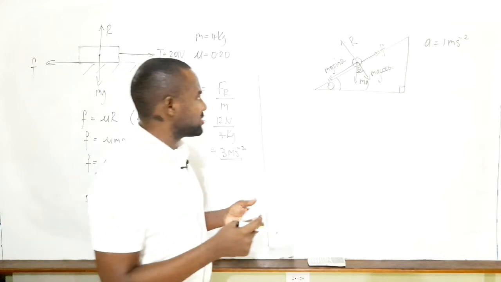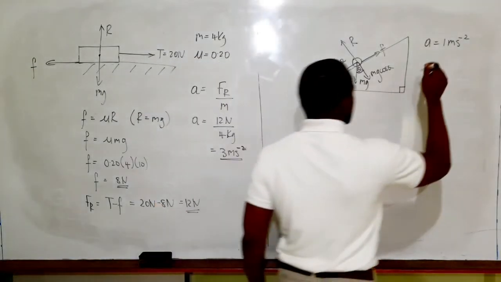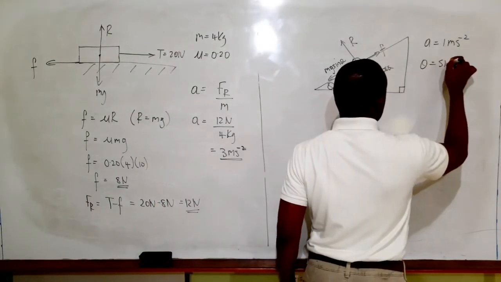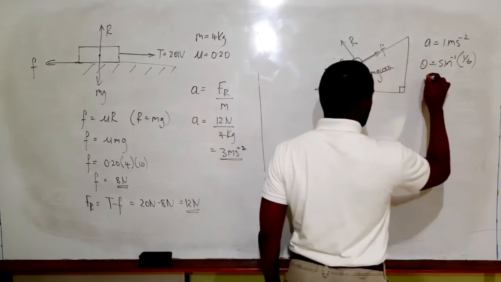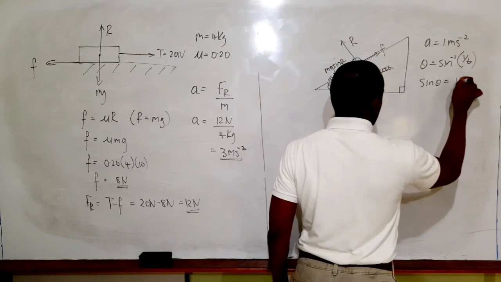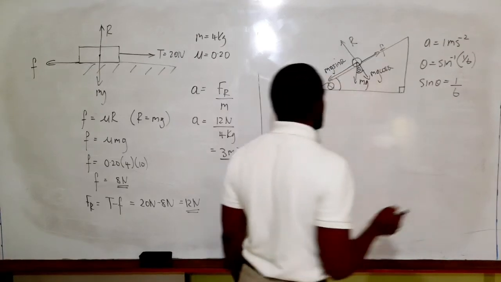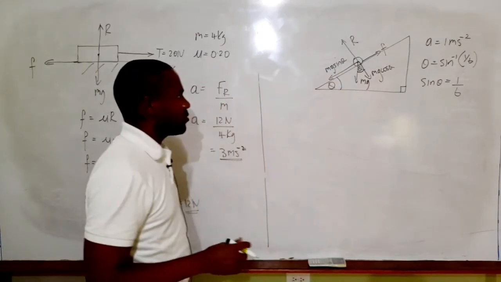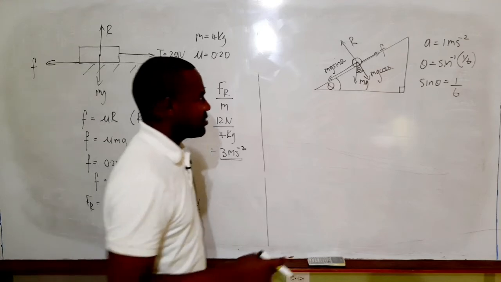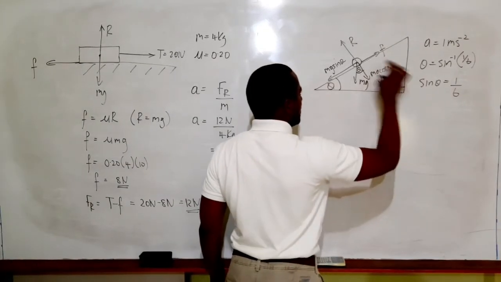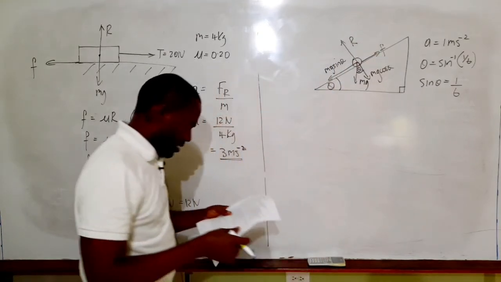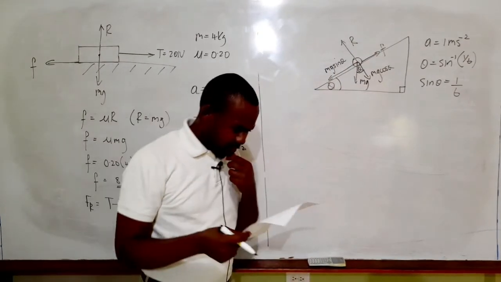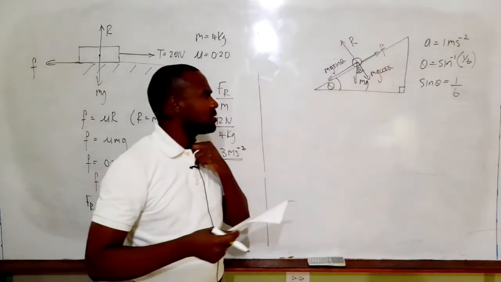The angle theta is equal to the sine inverse of 1/6, which means sine theta is equal to 1/6. So the vertical height would be 1, and the hypotenuse, or the length of the ramp, would be 6.